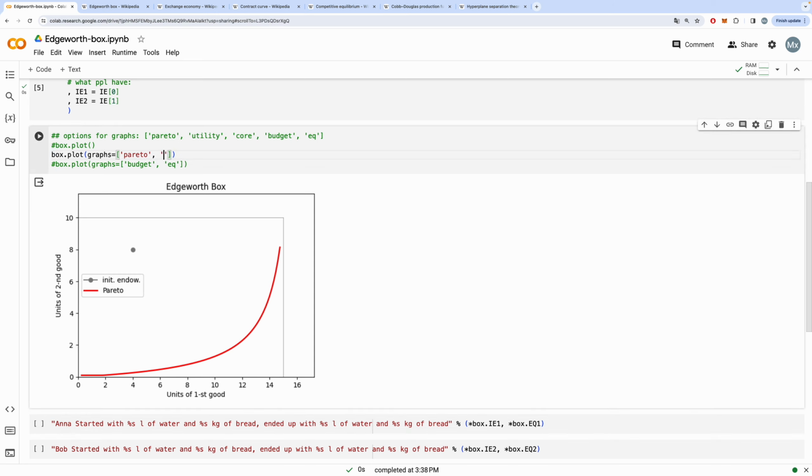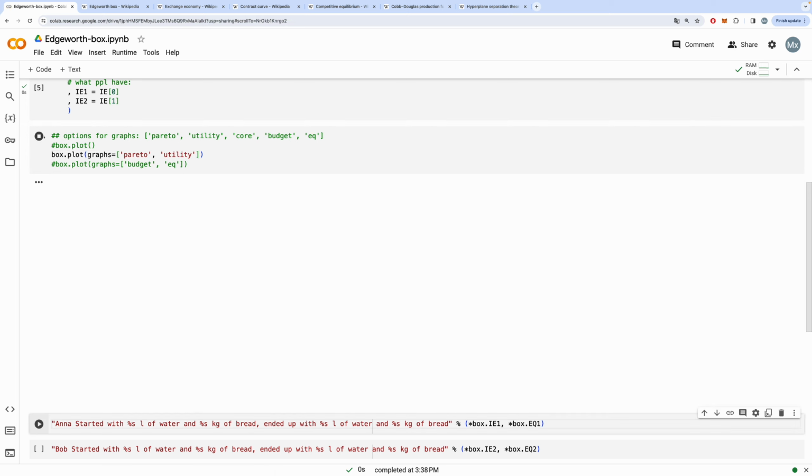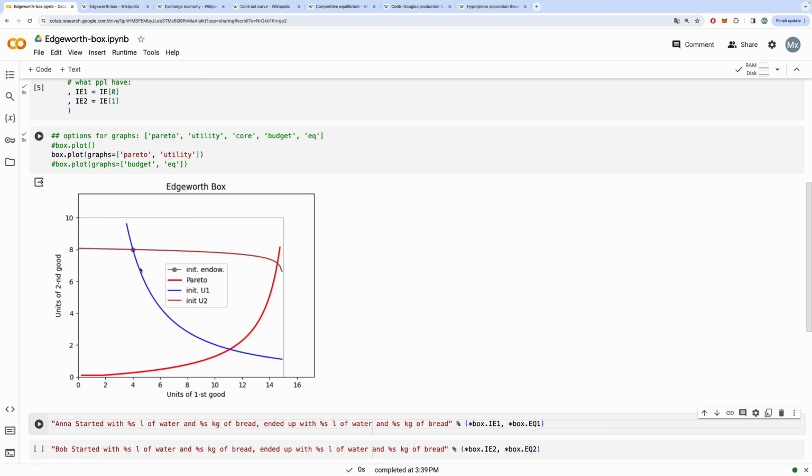Let's draw the utility lines at the initial allocation. So blue one is Anna, the brown one is Bob. Anna would settle for anything which would lie above her utility line, and same for Bob.